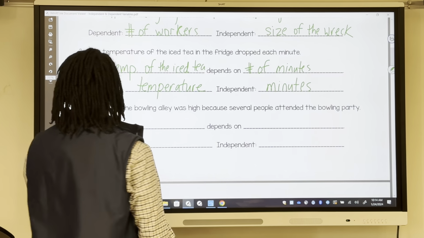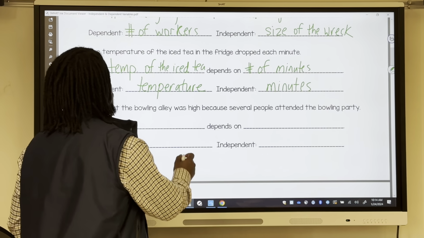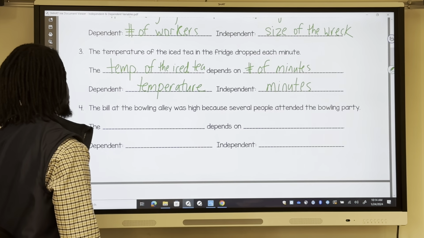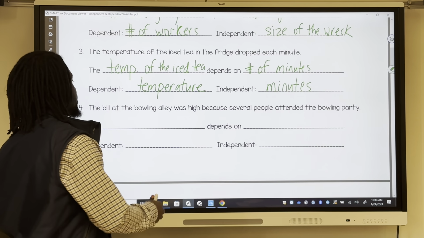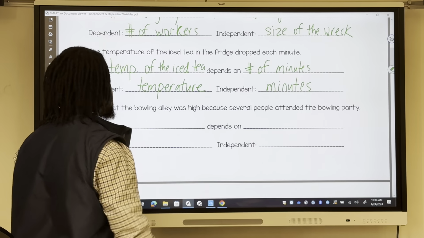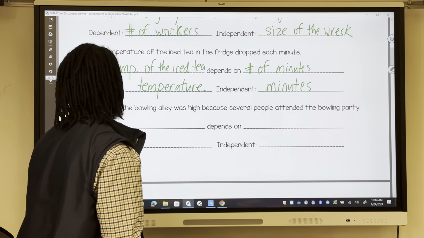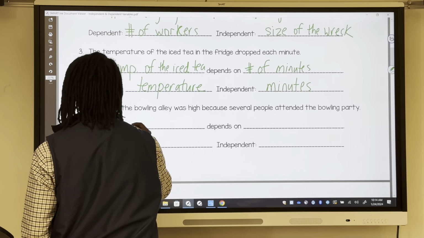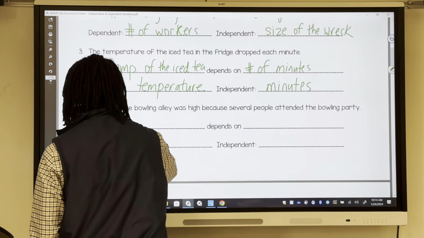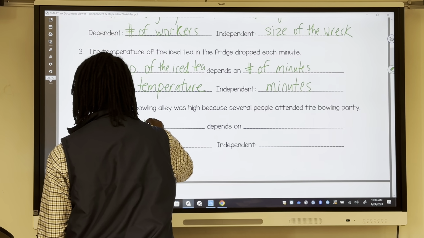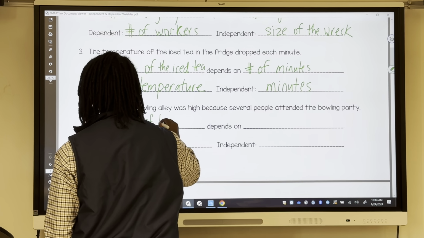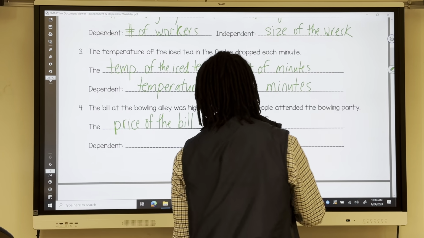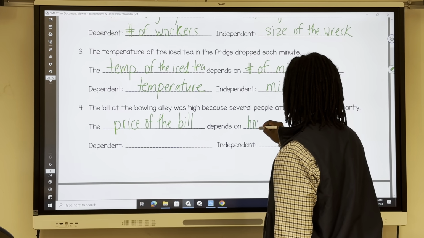All right. The bill at the bowling alley was high because several people attended the bowling party. So we have the bill and we have the number of people. Which one depended on the other? Well, the price of the bill depends on how many people attended the party.